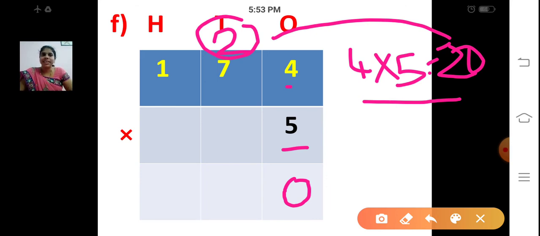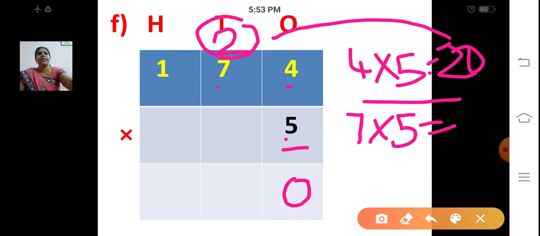Now, let's multiply the digit at the tens place by 5. 7 into 5. What is the second step? We are going to multiply 7 into 5. 7 5s are 35. With this 35, don't write 5 and don't carry over the 3.